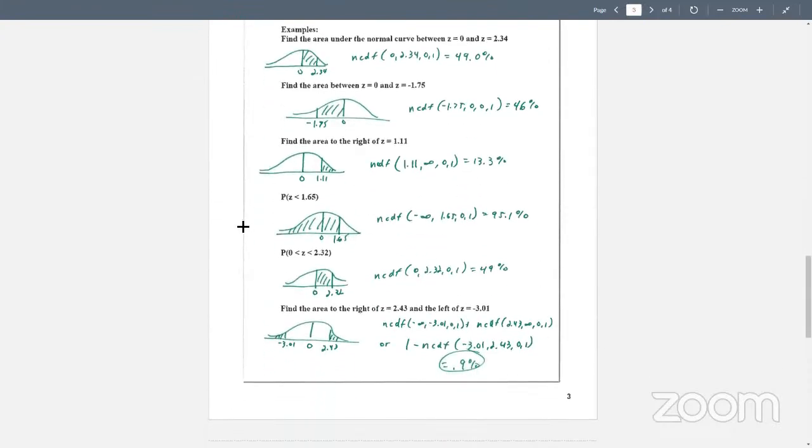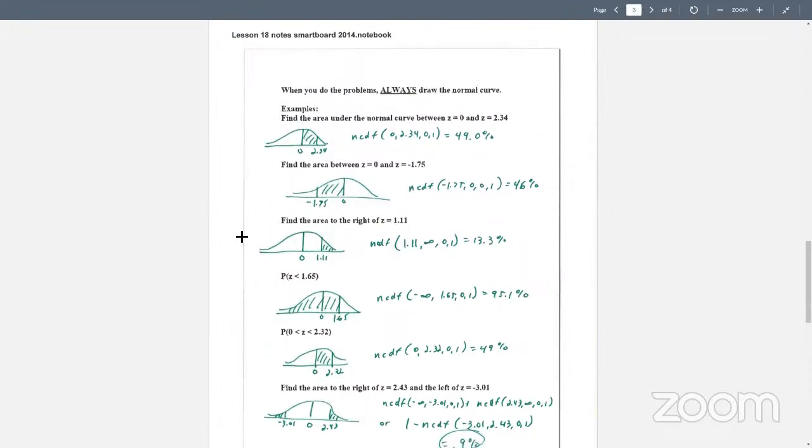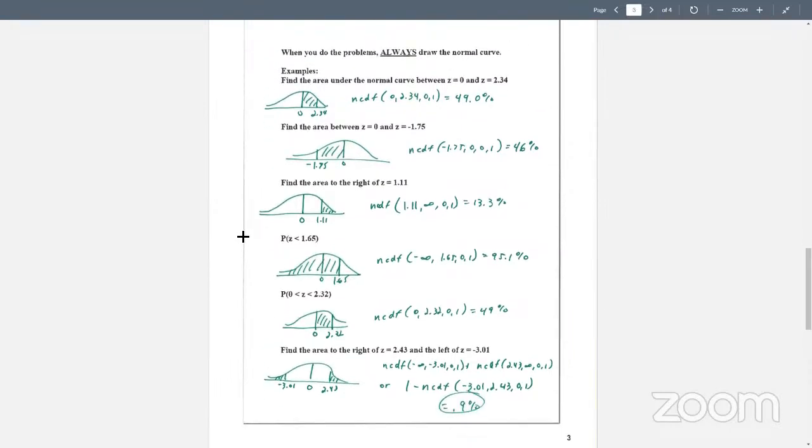Sorry. Yeah, right there. Let me see that whole thing. There you go. Perfect. Let me see how I can take a picture of this.